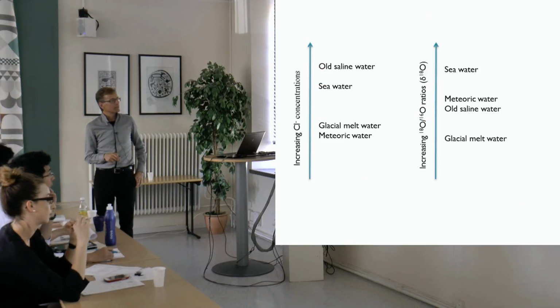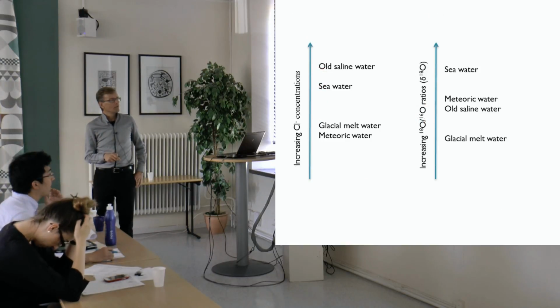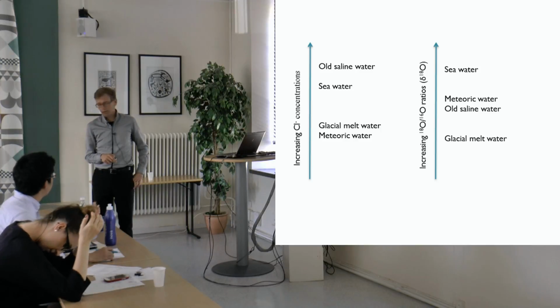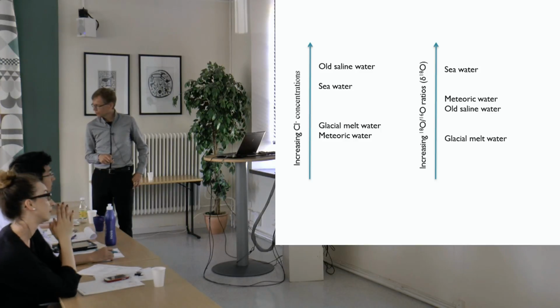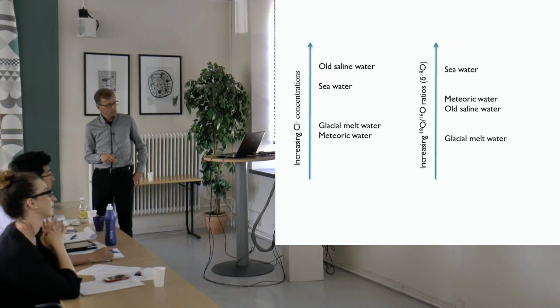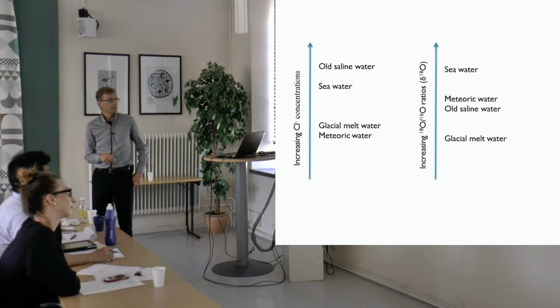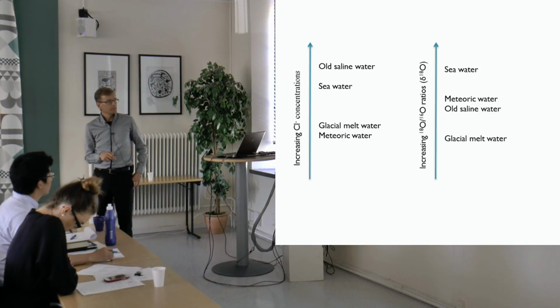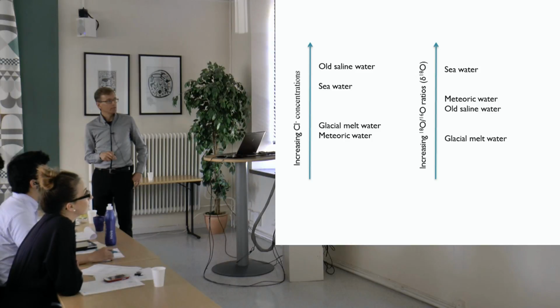Increasing chloride concentrations. Of course, the waters with lowest chloride are the fresh waters, as you would guess. The glacial meltwater and the rain and snow. And then we come up to the brackish seawater and the old saline water.